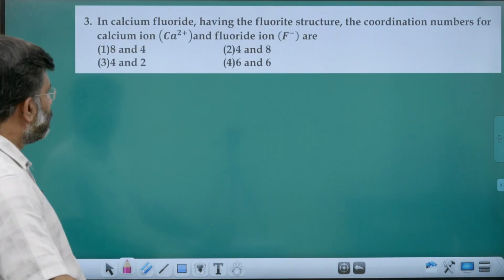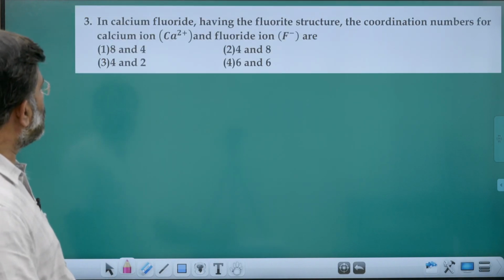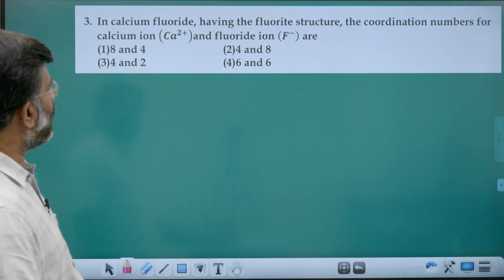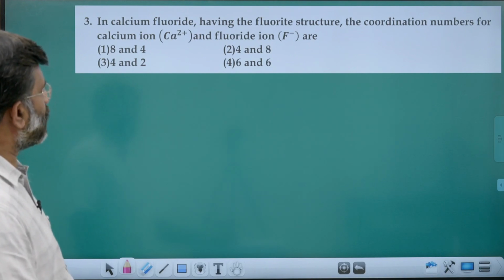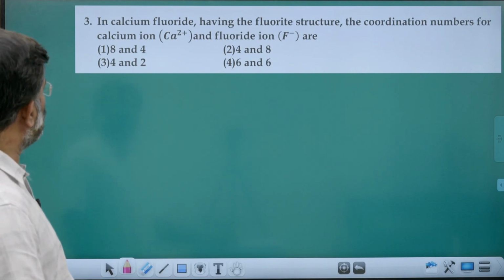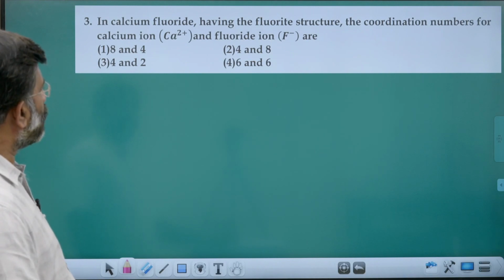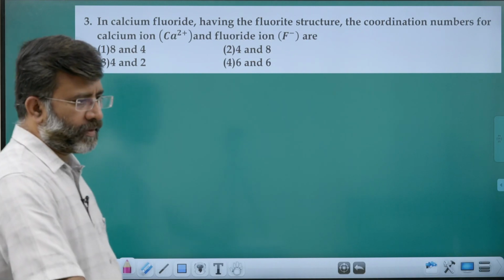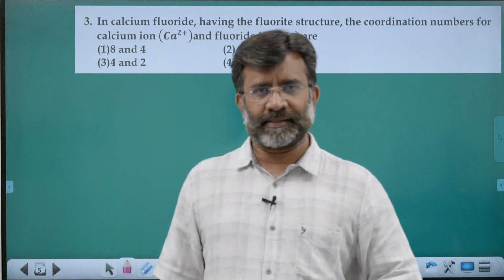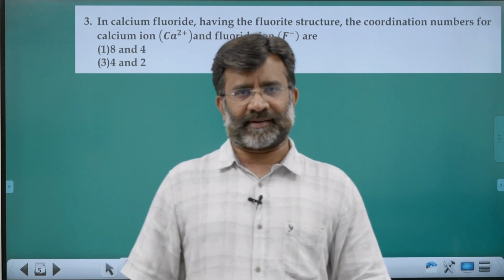Next question. In calcium fluoride, having the fluorite structure, the coordination numbers of calcium and fluoride ions are? You have learned in the classes what is fluorite structure.